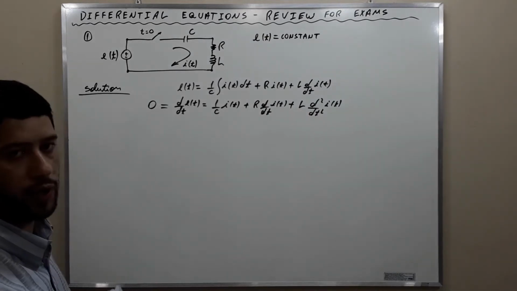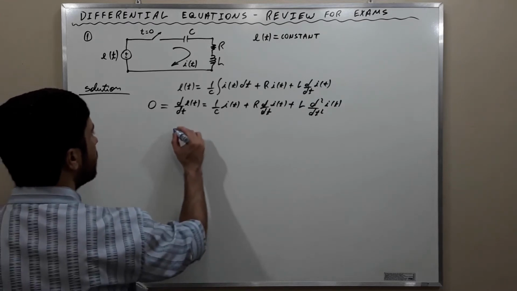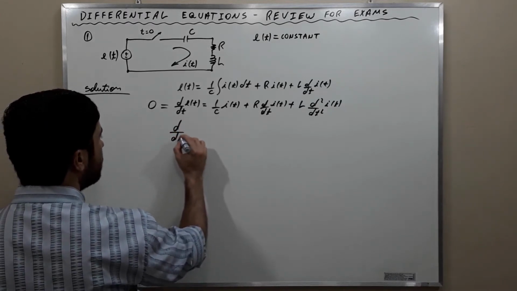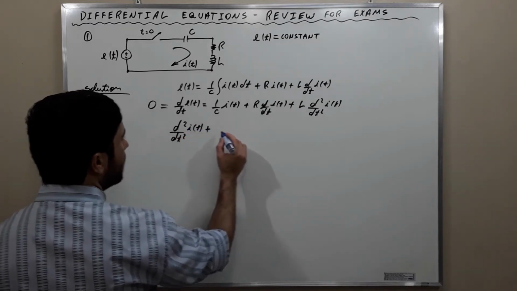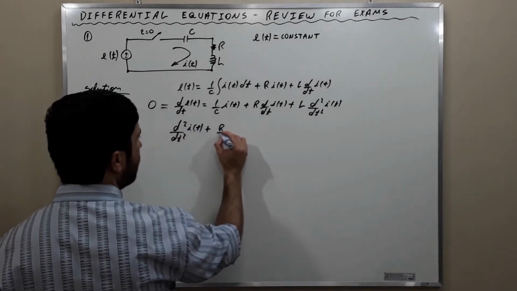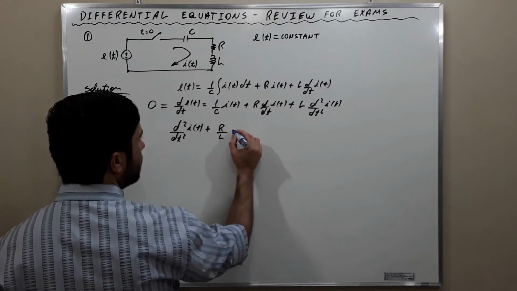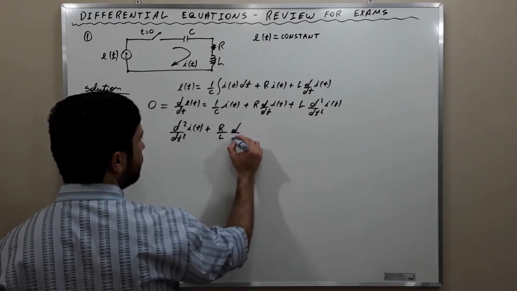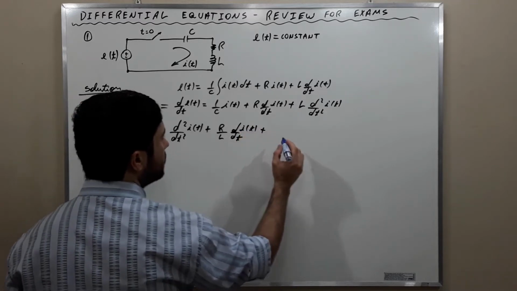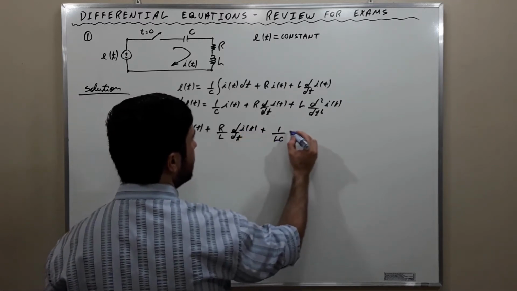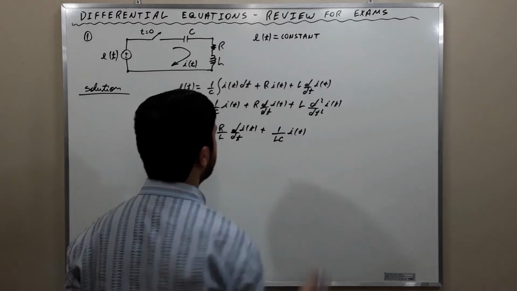And the differential equation thus becomes the second derivative with respect to time of i of t plus R over L times the derivative with respect to time of i of t plus 1 over LC times i of t.